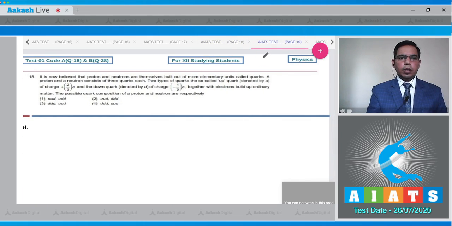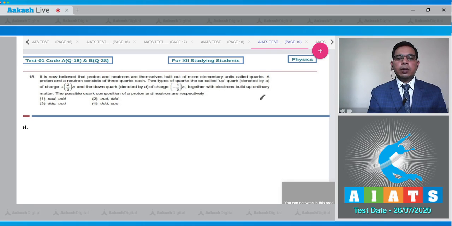Now move to question number 18, which states that it is now believed that protons and neutrons are themselves built out of more elementary units called quarks. A proton and a neutron consist of three quarks each. Two types of quarks are there: up quarks denoted by U, having charge plus 2 by 3 e, and the down quarks denoted by D, of charge minus 1 by 3 e.